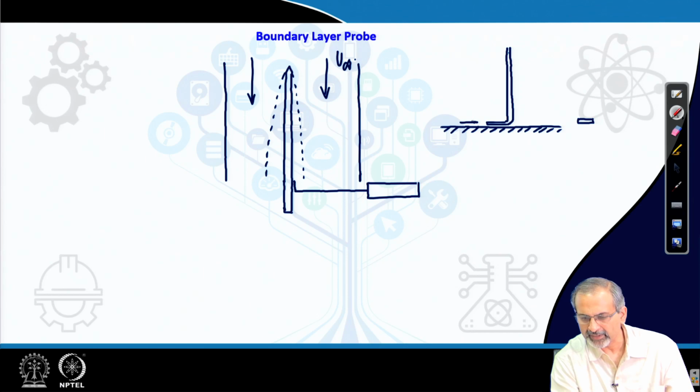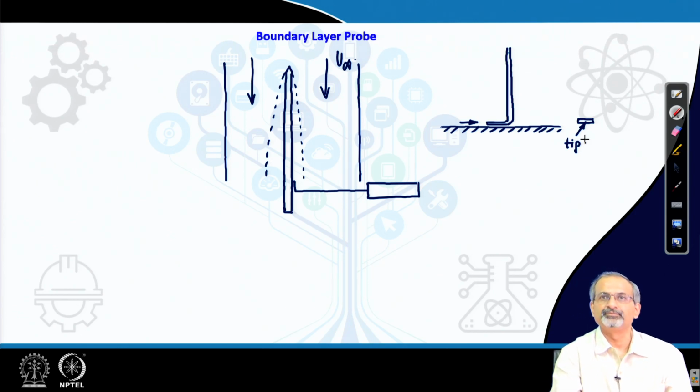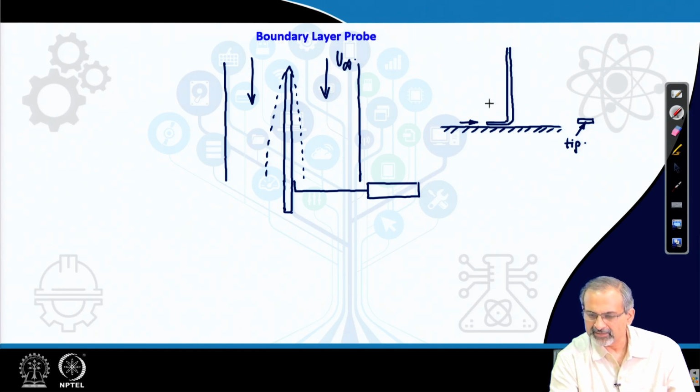If you were to look at it from the other side, you would see a profile like this. So, a thin rectangular tip where it senses the flow. Okay. So, that is essentially a cross sectional view of the tip.